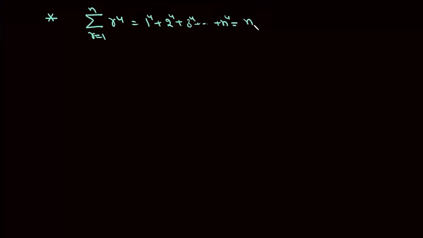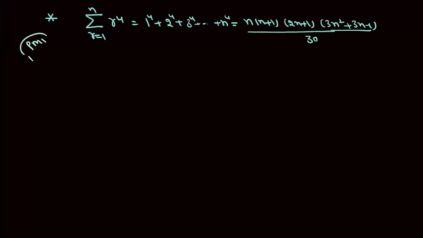And this is n into n plus 1 into 2n plus 1 into 3n square plus 3n minus 1, whole divided by 30. Now we are not going to prove this result, but if you want, you can prove it using the principle of mathematical induction. The proof is simple, but it'll involve a lot of calculation.